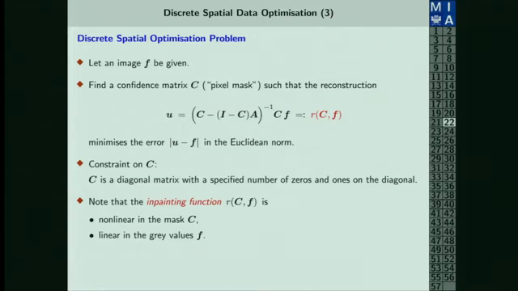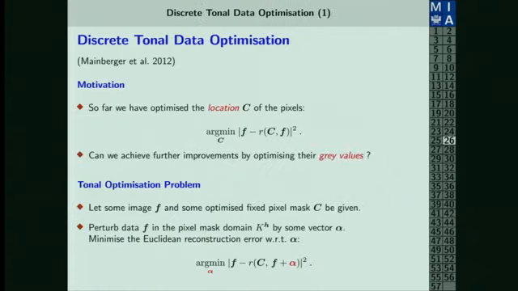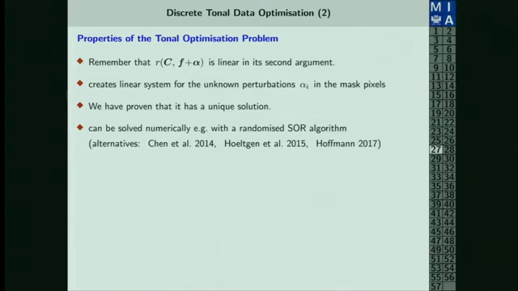So we can just add a perturbation of the gray values, let's say a perturbation vector alpha, and try to solve a problem which tries to optimize this perturbation vector alpha. And the nice thing is this is a simple least squares problem, and that means we can essentially solve it with some standard tools. One has to put a few considerations into it to show that it has a unique solution, but that's not too difficult actually.